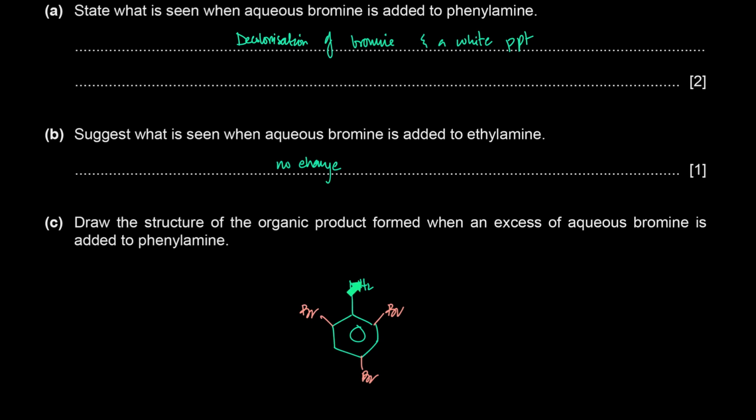So with phenol or phenylamine, if you have an OH here or an NH2, you form this white precipitate of 2,4,6-tribromo-phenylamine in this case, or with phenol it's 2,4,6-tribromo-phenol, okay? And that's why the bromine is decolorized and a white precipitate is observed, okay? This is a white precipitate here.